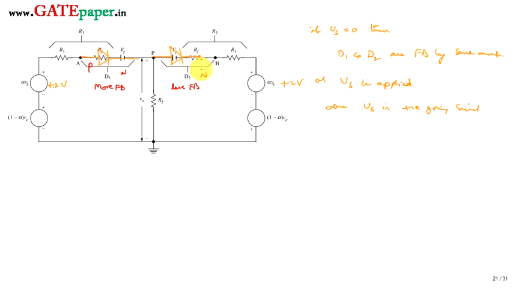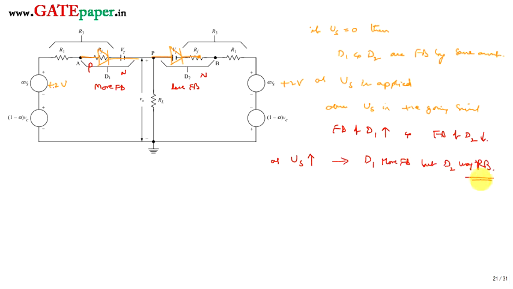Forward bias across D2 is reducing and forward bias across D1 is increasing. So forward bias of D1 increases and forward bias of D2 reduces. As Vs increases, at one point D1 is more forward biased, but D2 may come into reverse bias.